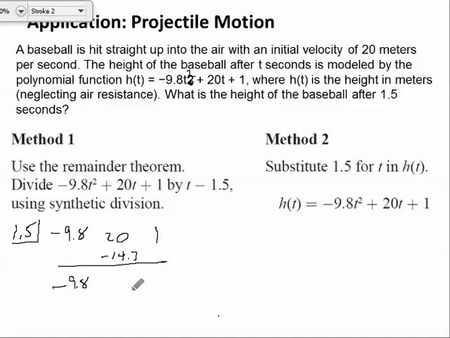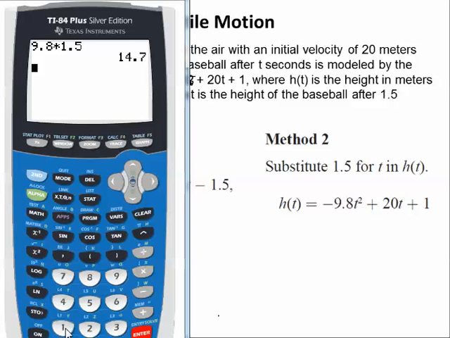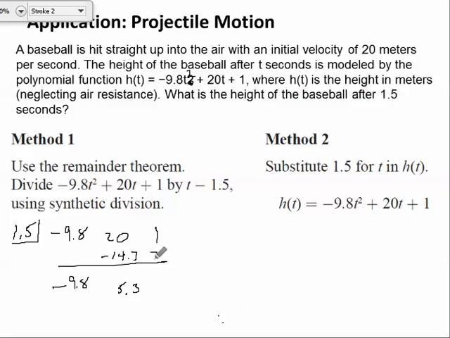Adding these together, I get 5.3. So I'm going to multiply 5.3 times 1.5, and I get 7.95. Add those together, I get 8.95.